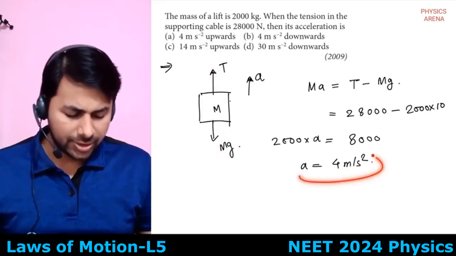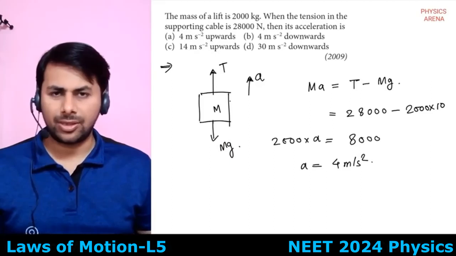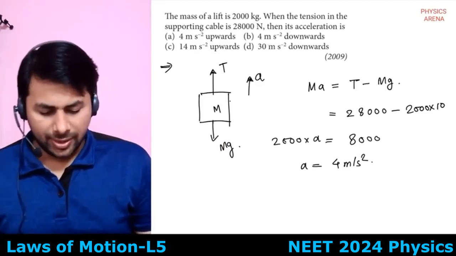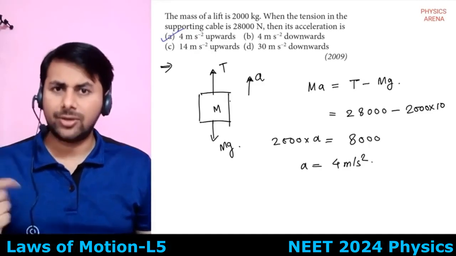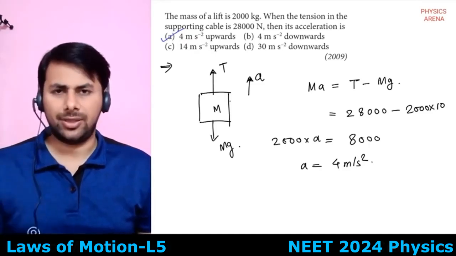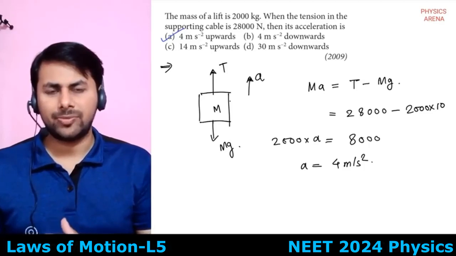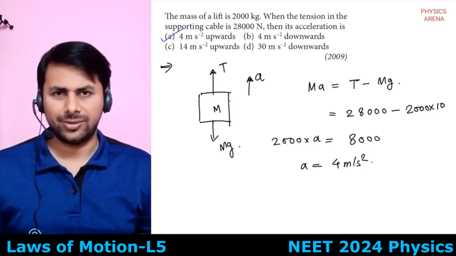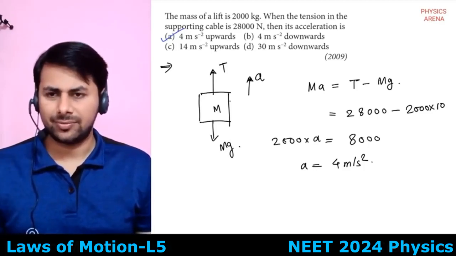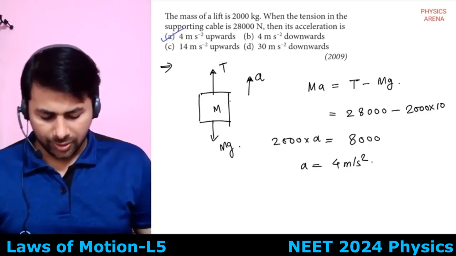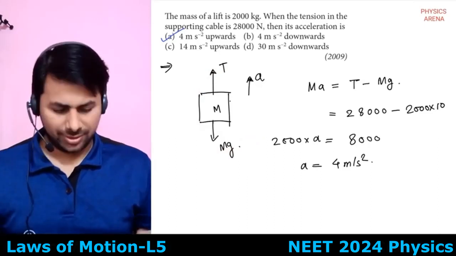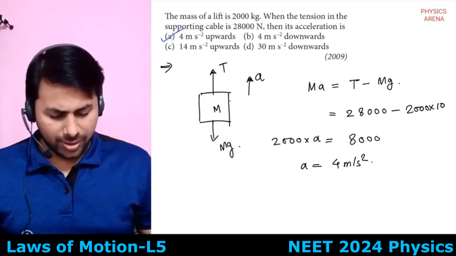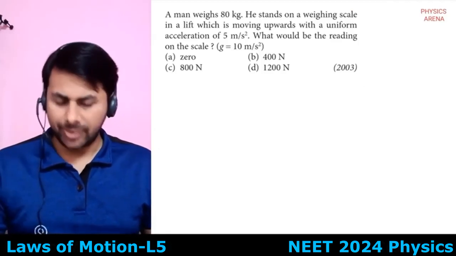So we got a positive answer, therefore our answer is correct: it is 4 meters per second squared upwards. If we had got a negative answer, then it would be 4 meters per second squared downwards. So in order to solve the problem, you will have to assume some direction. Anyways, this was a simple question.